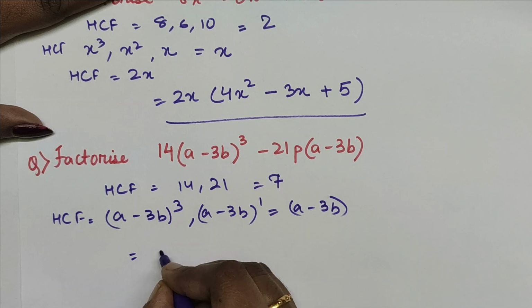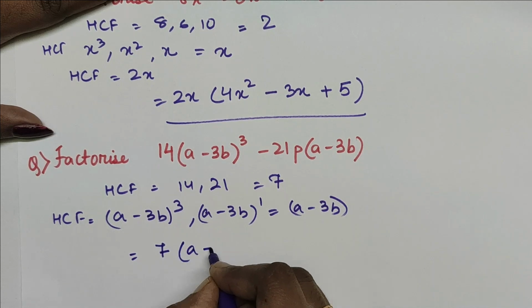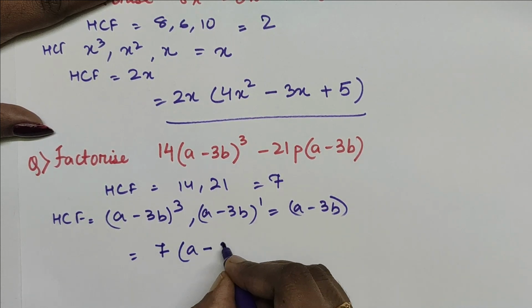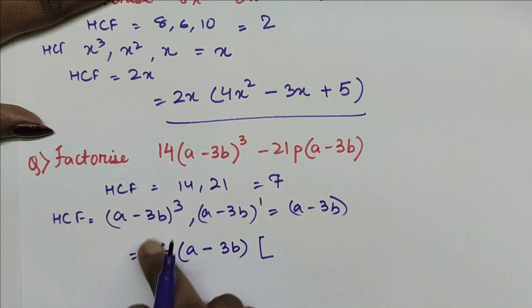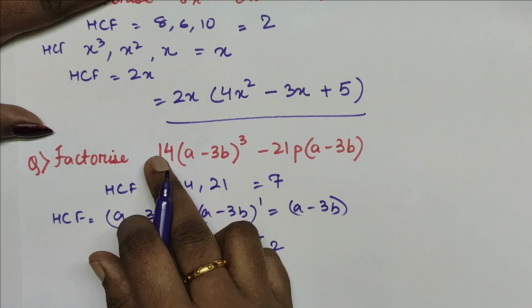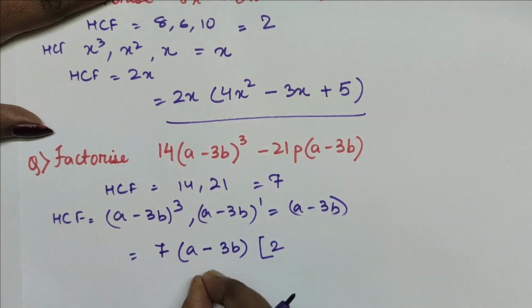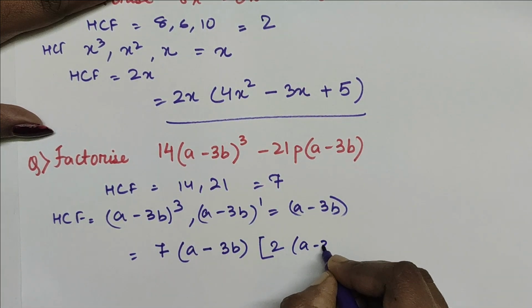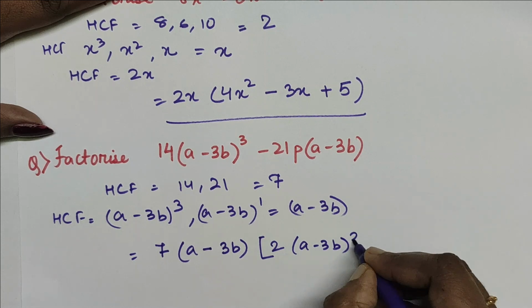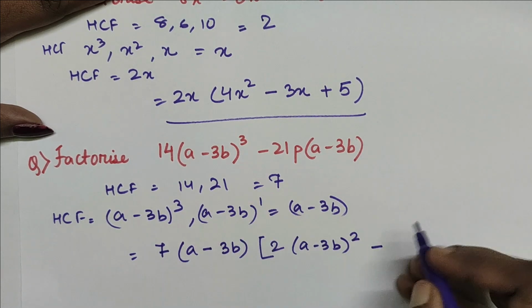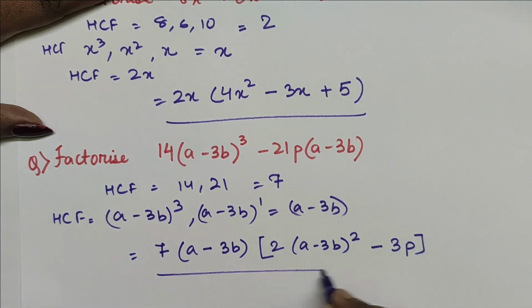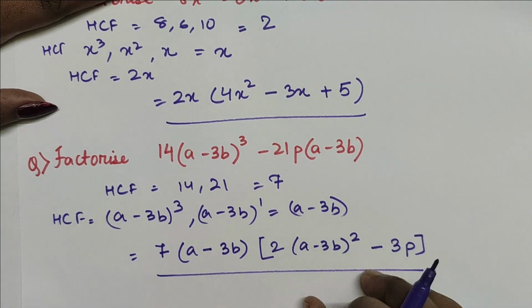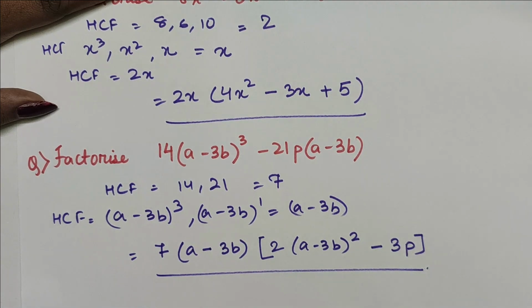Now again we will multiply 7 into a in bracket a minus 3b, and now when I solve it, 7 into 2 will give me 14, and already one time I have taken out, so the expression here will be a minus 3b to the power square minus 7 into 3b. So this becomes my expression for this given question.